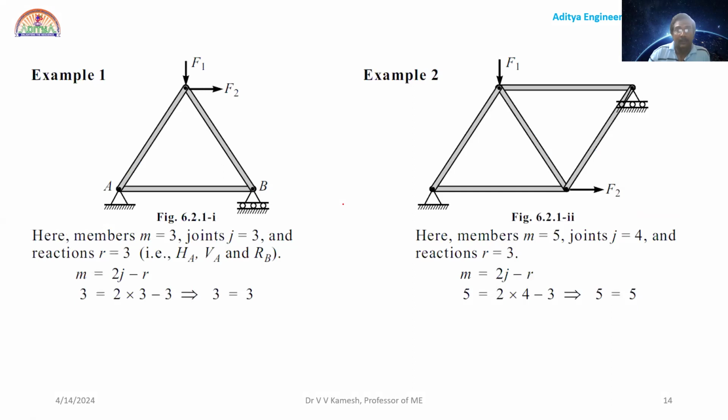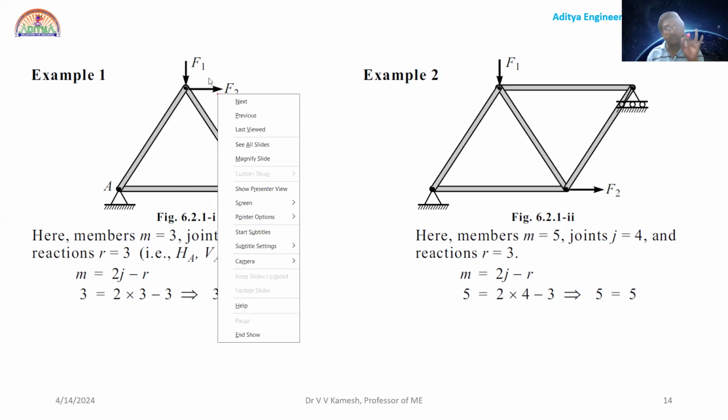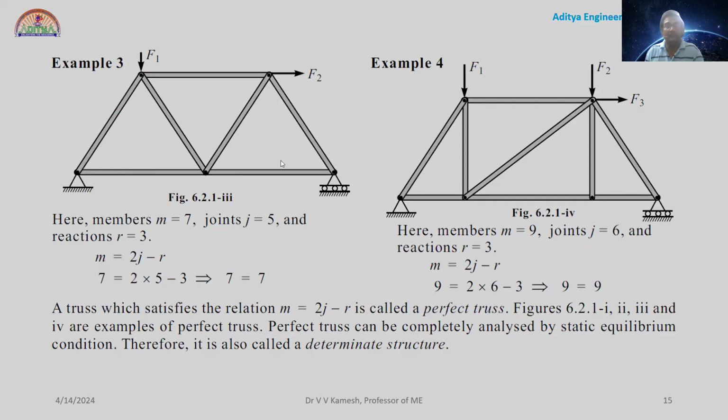okay? Suppose I'm taking this simple triangular truss, right? So forget about the support, forget about this, whether it is perfect or imperfect, okay? Now, the application of F1 and F2, right? Due to these two, there will be some force created in A, AB.